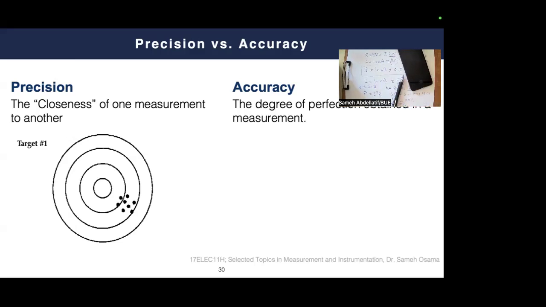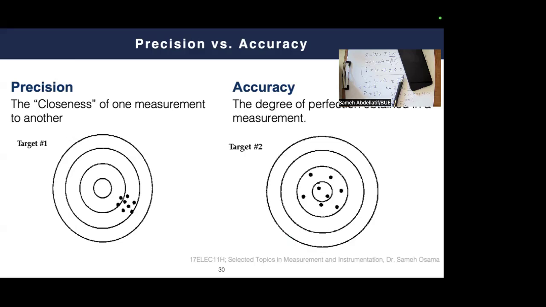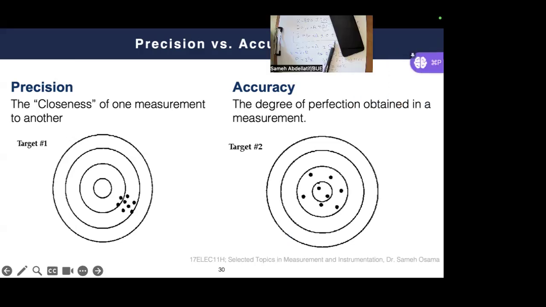I mainly consider to what extent these measurements are close to each other, regardless of the true value. This is a precision process. But an accurate process is mainly the comparison of each measurement with respect to the true value. So to what extent these measurements compare to the true or exact measurement, which is a very important parameter.